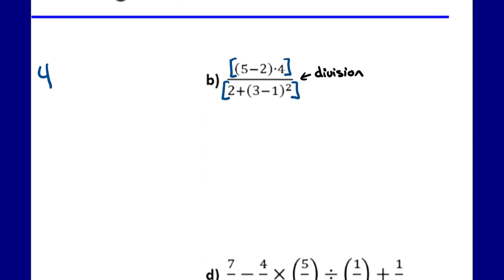This will tell our calculator to simplify everything on the top, simplify everything on the bottom, and then divide. If you're doing this by hand, you would simplify the top and bottom separately, then divide.